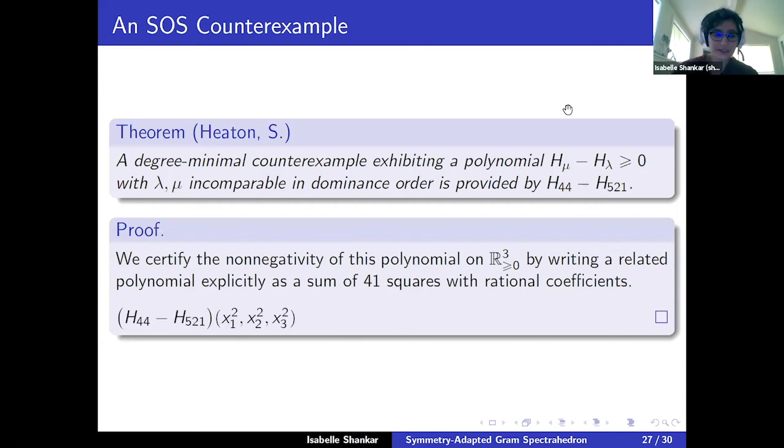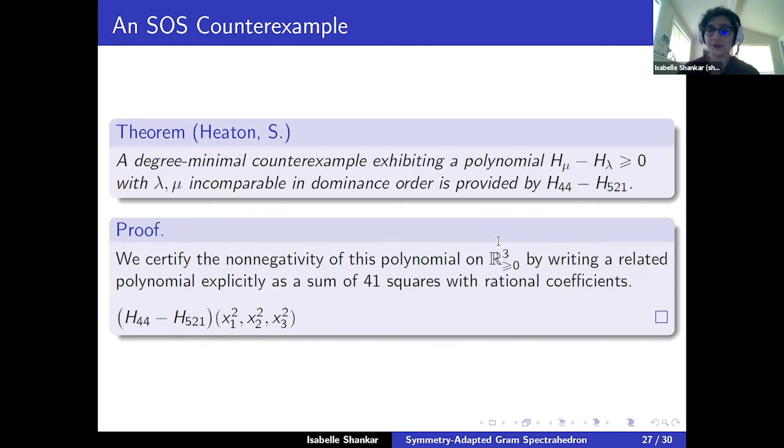We took the polynomial for h44 minus h521, and we inserted squares into it. We took the 3-variable version, and we inserted squares so that we wouldn't have to deal with this non-negative orthant condition. Unfortunately, that did mean that it increased the degree of the polynomial from 6 to 8, and so that made our Gram matrix huge.